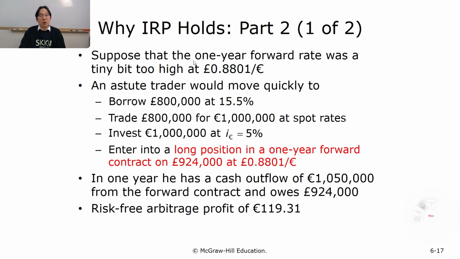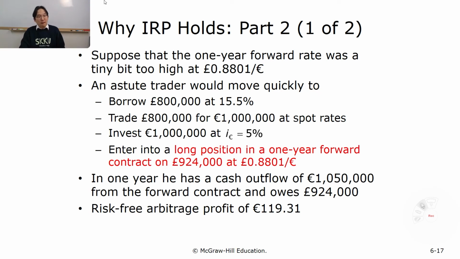Anyway, the second part, why IRP holds. Suppose that the 1 year forward rate was a bit too high, like 0.8801 instead of 0.88. An astute trader would move quickly to borrow 800,000 British pounds at 15.5%.